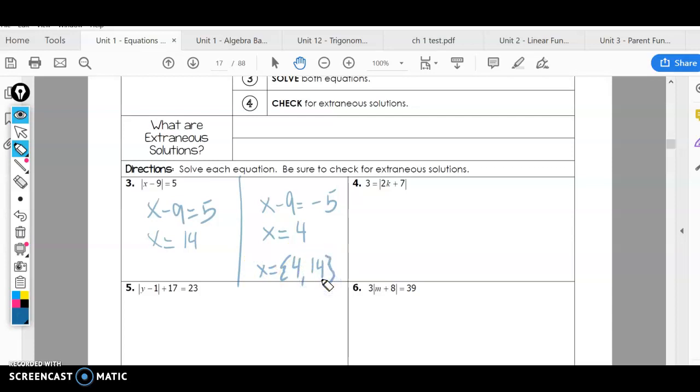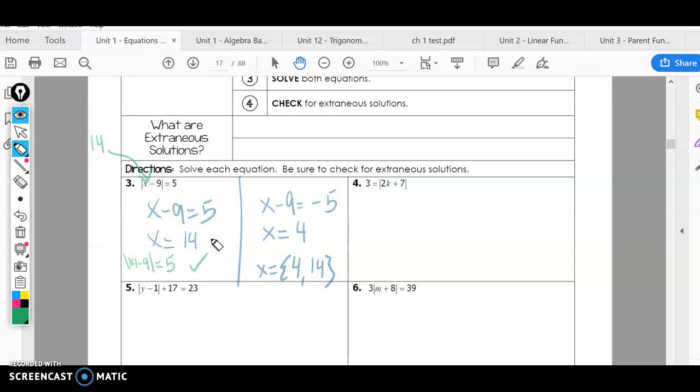Our last step is to check to make sure when we plug these numbers in, we get our original answer. I'm going to plug in 14 in for x first. 14 minus 9, and the absolute value, let's see if that equals 5. That is correct.